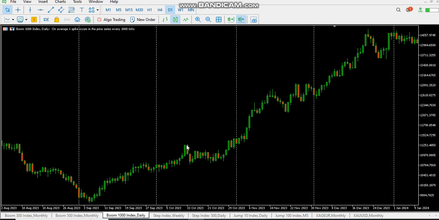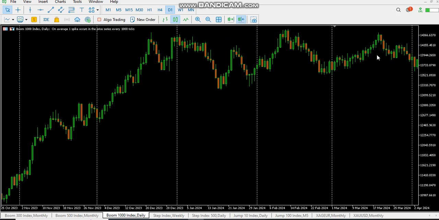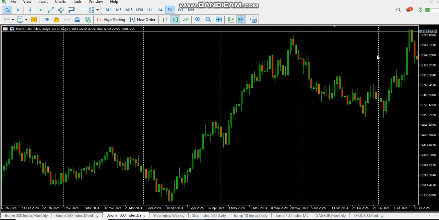This can be likened as our high, then creating a low here, which is higher than this low, giving us what? A higher low. And we have another higher high, higher than this high, then higher low, higher high, higher low. And this is how you understand the price action of an uptrend.